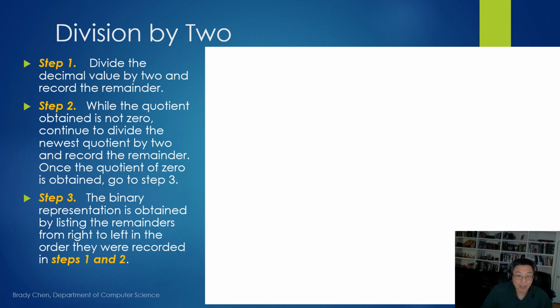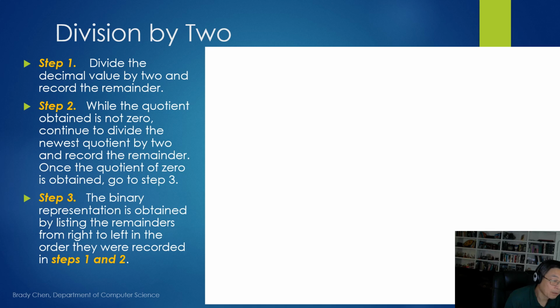Now here are the steps for the division by 2. If we have a decimal value or decimal number, then step 1, we're going to divide this value by 2 and record the remainder.